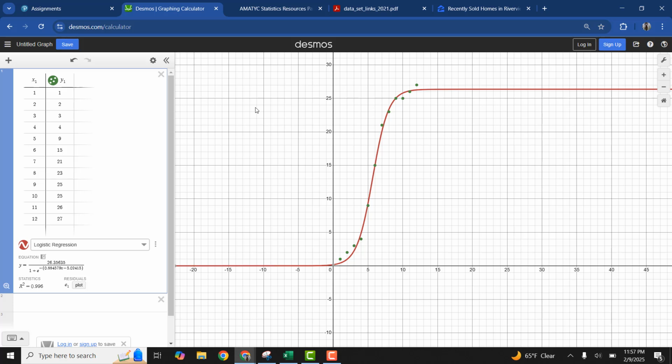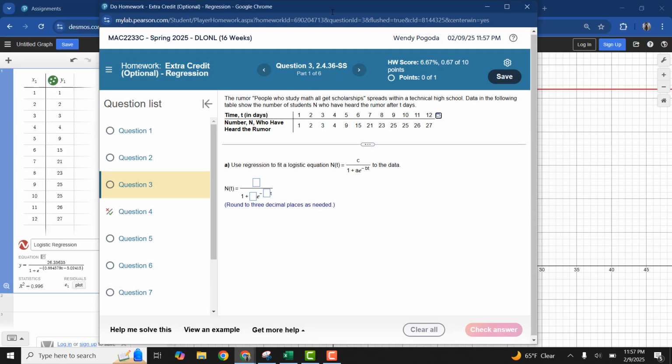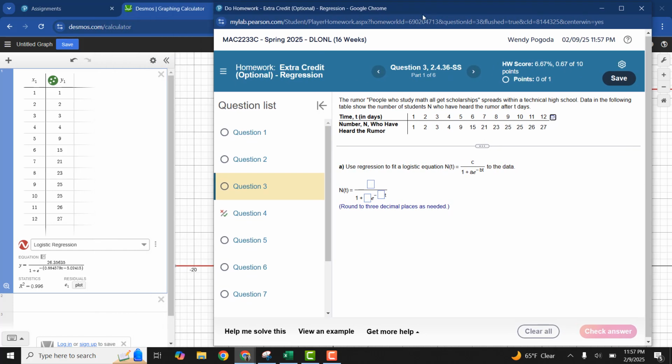However, this form doesn't match the form it asks for in the homework. If you look in the homework, it says to fit it where there's a number in front of the e. You can do this using algebra. If you just did e to the 5.02415 power, it would give you the coefficient in front. But if you didn't want to do that algebra, you can just tell Desmos to fit this model, kind of like what we did at the beginning.